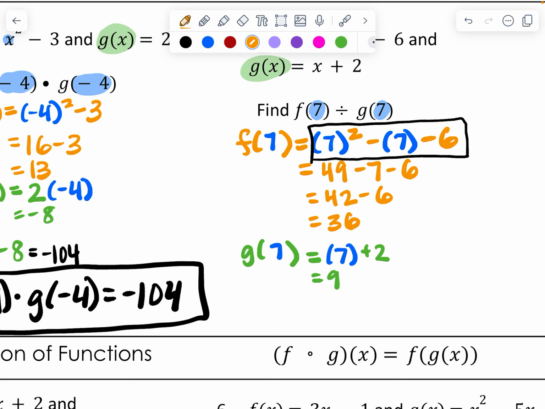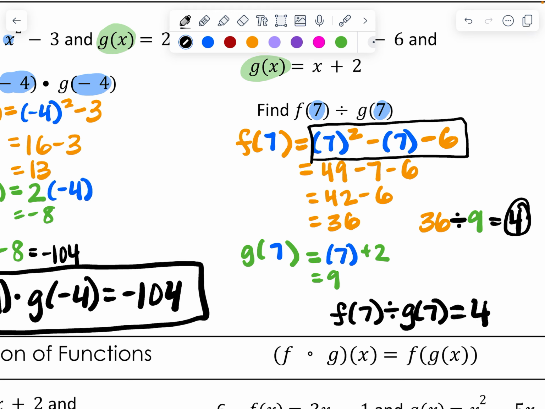So let's divide. 36 divided by 9 is 4. So f of 7 divided by g of 7 equals 4.